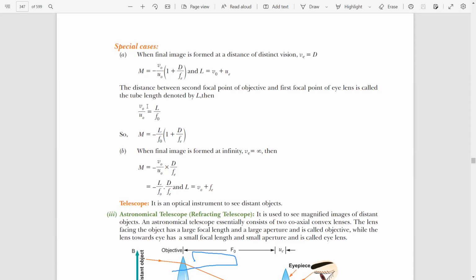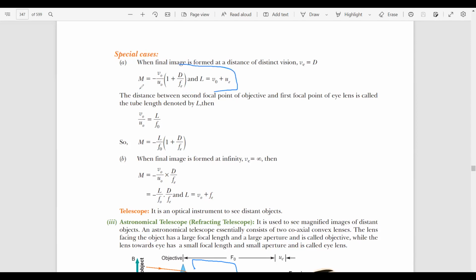When the final image is formed at the distance of distinct vision, Ve equals D. So M equals the previous formula, and L equals Vo plus Ue. The distance between the second focal point of the objective and the first focal point of the eye lens is called the tube length. That is L. So Vo by Uo equals L by Fo.